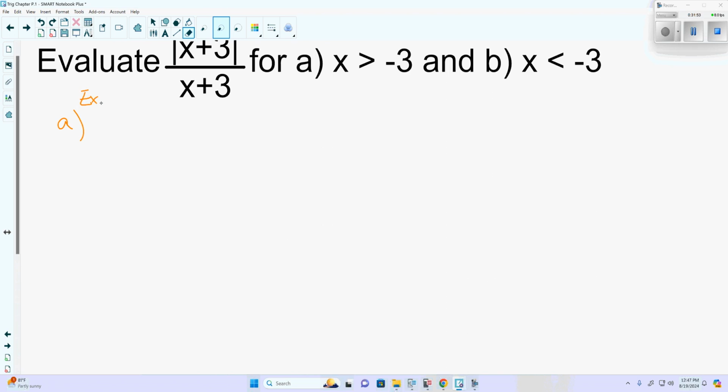So give me a number that would be greater than negative 3. Negative 2. So let's just say x is negative 2. So for us here, we would have negative 2 plus 3 inside the absolute value over negative 2 plus 3.